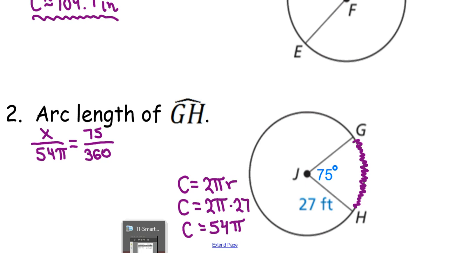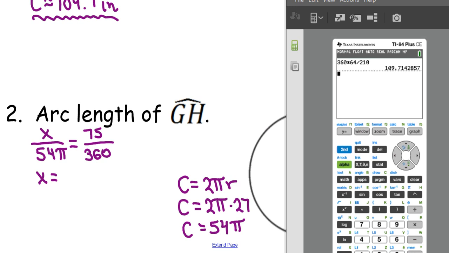If I'm going to punch this into my calculator to get an exact value for X, I'm going to punch everything in except for the pi. So I'm going to punch in 54 times 75 divided by 360. In this case, I will hit math, enter, enter, to get 45 over 4, and I'll tag my pi along with that.